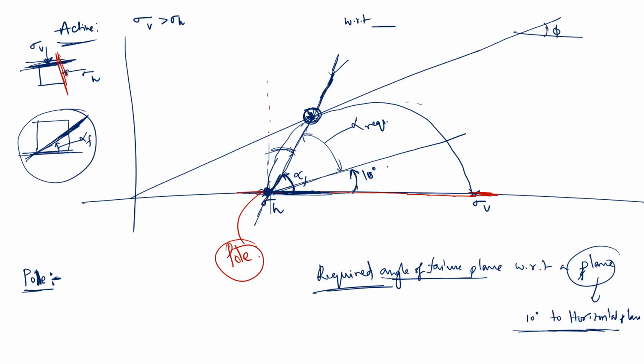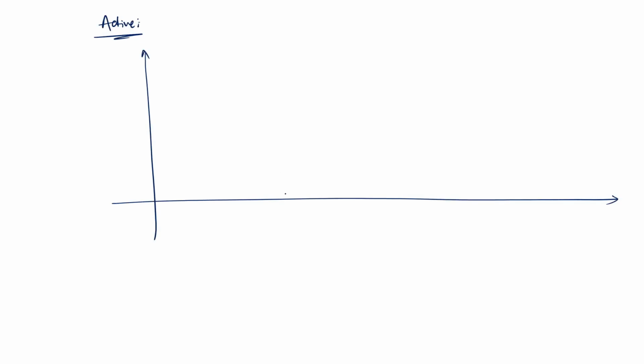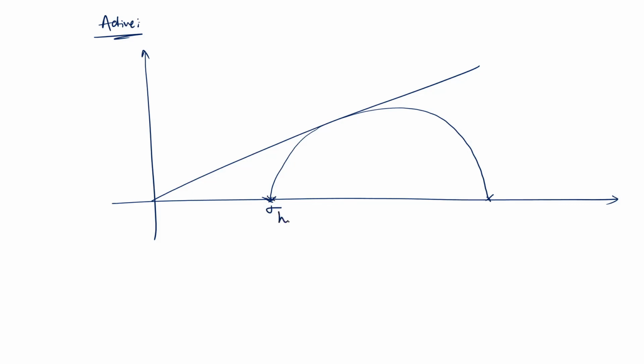So that is how the pole will be used. Now anyway, I'll draw another clear diagram. We know in the active state this is sigma h and this is sigma v, and this is the pole, right?